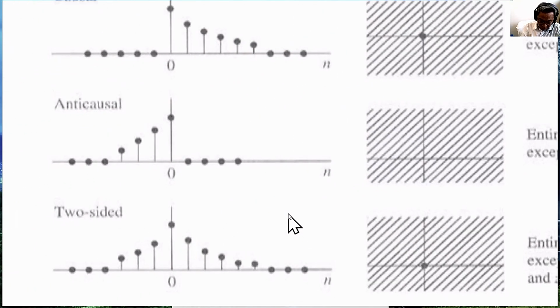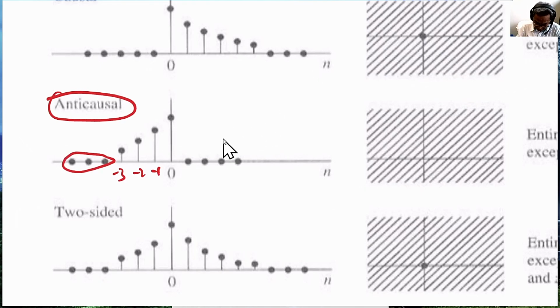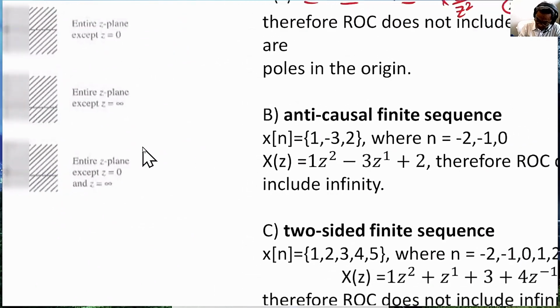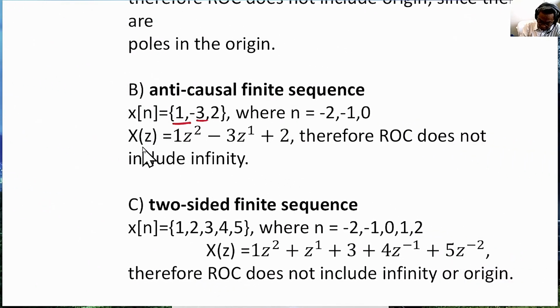Let's now continue with the second example, which is an anti-causal signal. This means the sequence lasts from minus 1, minus 2, minus 3, and in this example, all zeros after that. We can also have a value at n equals 0 as well. For the Z transform, let's have a clear example. We have 1, minus 3 and 2, where this is n equals 0, this is n equals minus 1, and this is n equals minus 2.